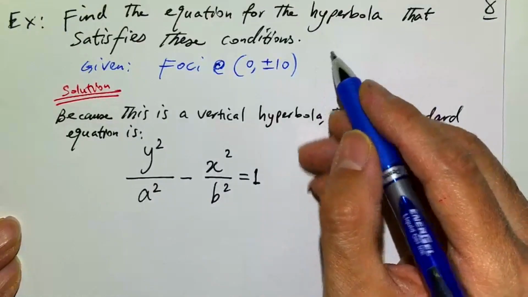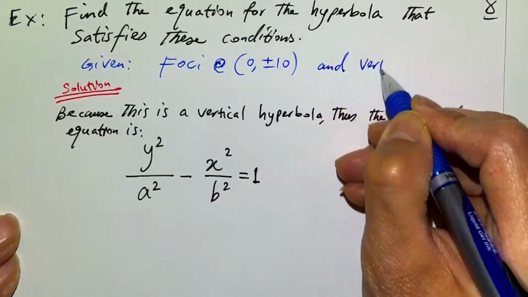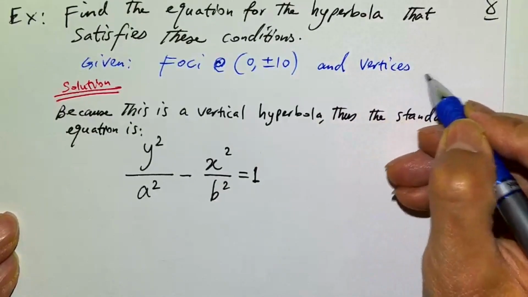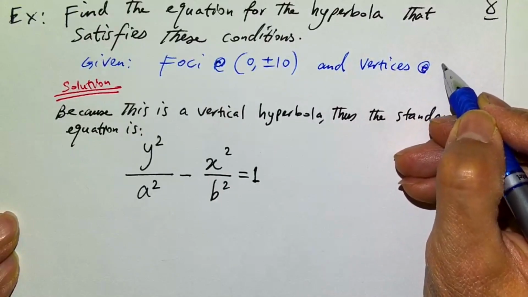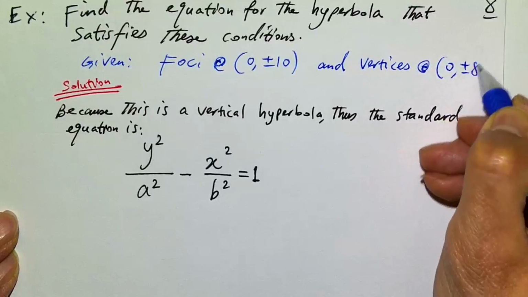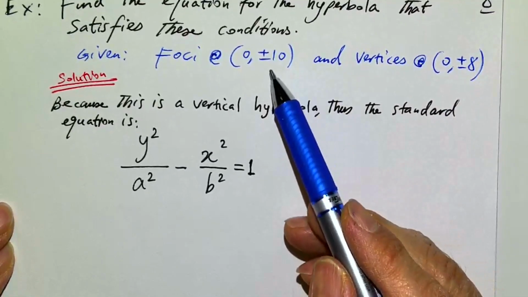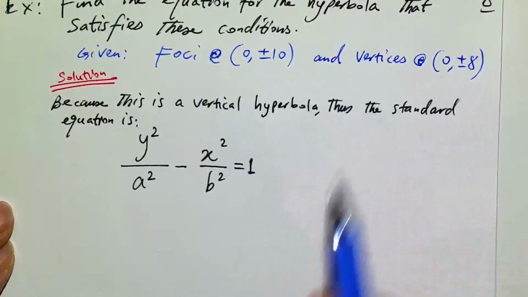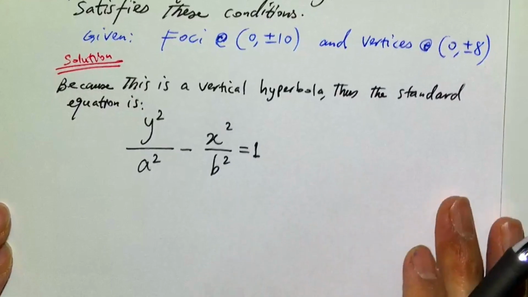And the other piece of information we are given is that the vertices are at 0 comma plus or minus 8. So we know what C is, we know what A is given these pieces of information, so we can easily find b squared.